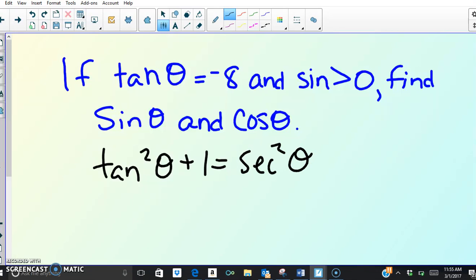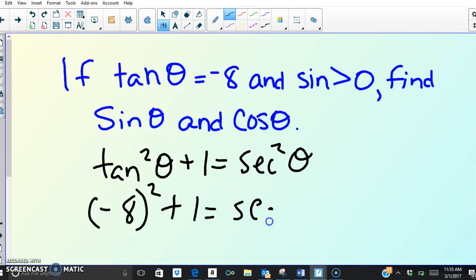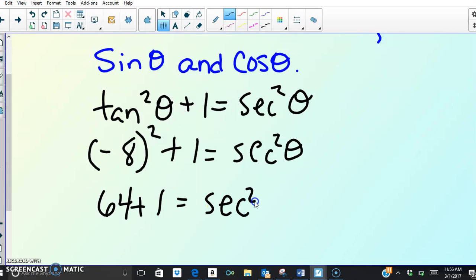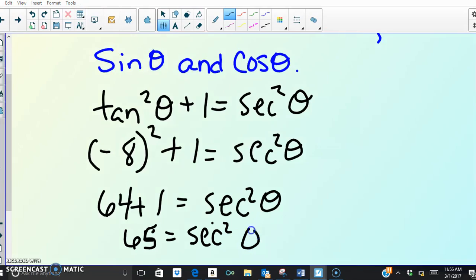So if I plug tangent in there, that's -8 squared plus 1 equals secant squared theta. And then we're going to go ahead and square that. So we have 64 plus 1 equals secant squared theta. So 65, sorry, equals secant squared theta.